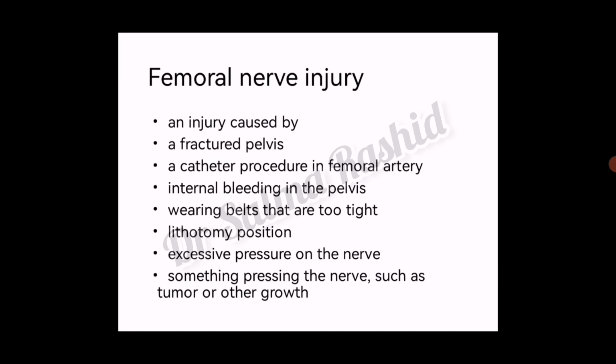Nerve damage in the lithotomy position and its prevention I have discussed in my previous video. So if you want to know about these in detail, please follow my previous video. Another cause is excessive pressure on the nerve, something pressing the nerve such as tumor or other growth.